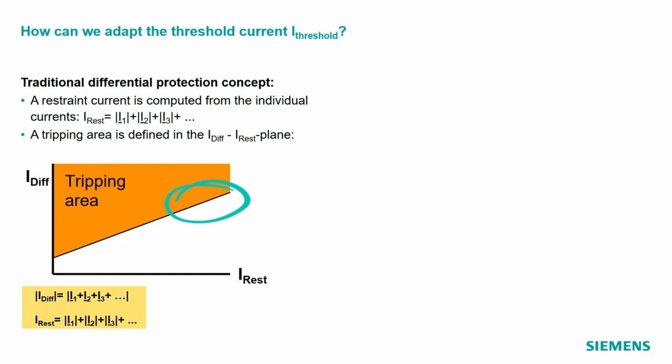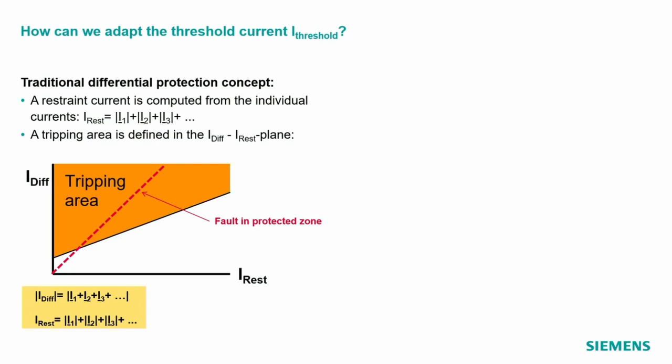So that is just given by this characteristic. If we have a fault in the protected zone, then the differential current is equal to the restraint current. Then we are on this red dashed line.